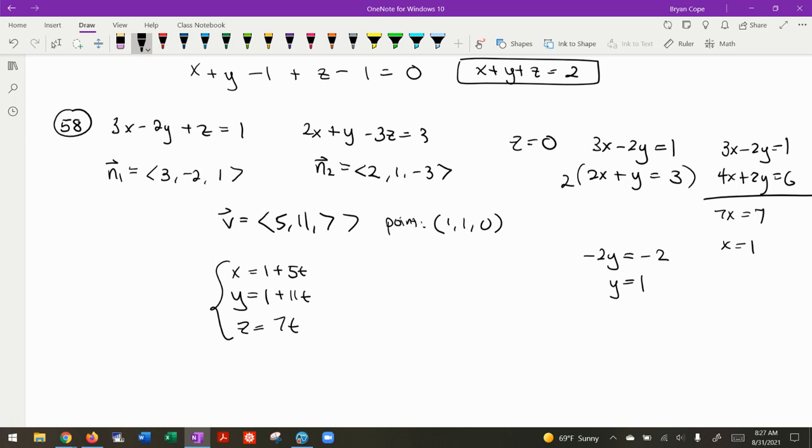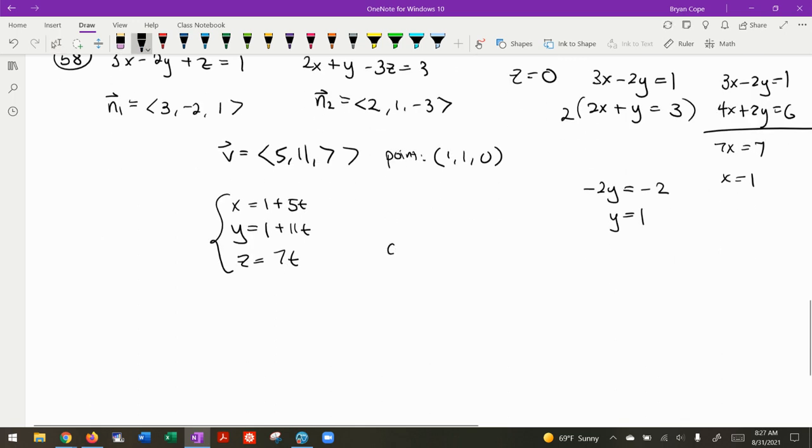And then find the angle between the planes. That's going to be the angle between the two normal vectors. So we can say cosine of theta is n1 dot n2 over magnitude of n1 and magnitude of n2. So n1 dot n2: 6 minus 2 is 4, minus 3 is 1.